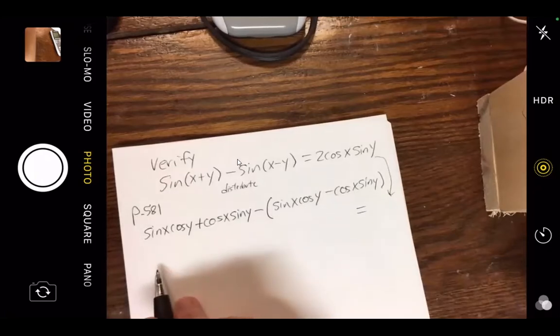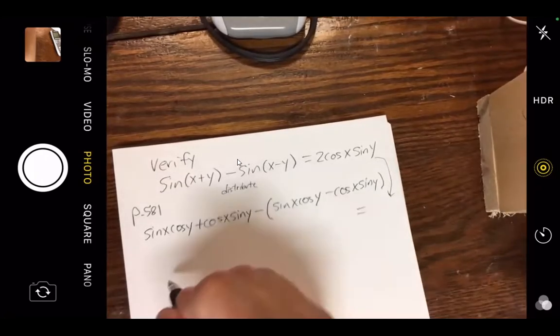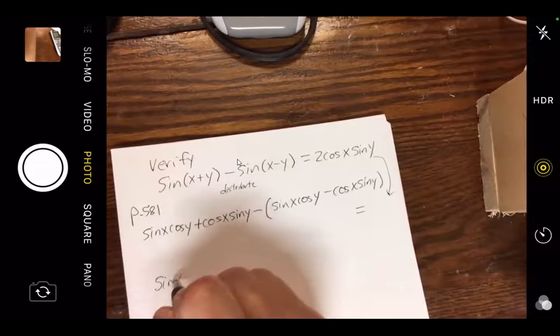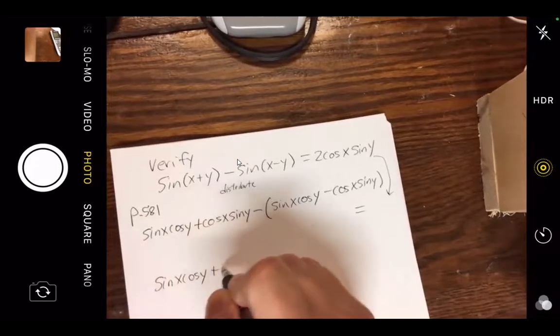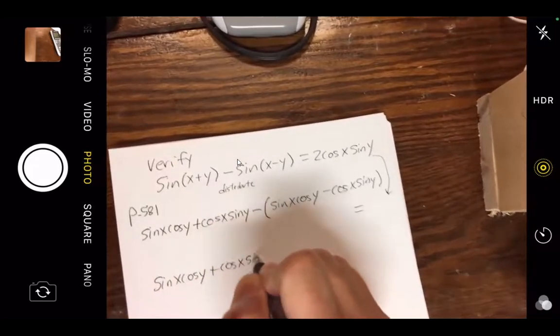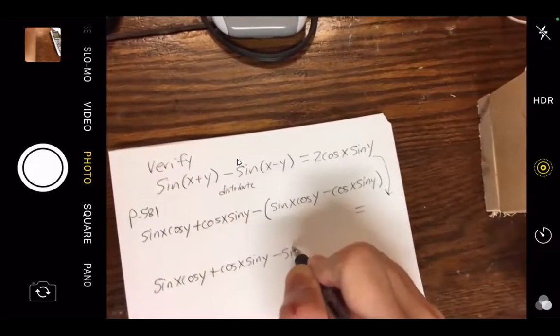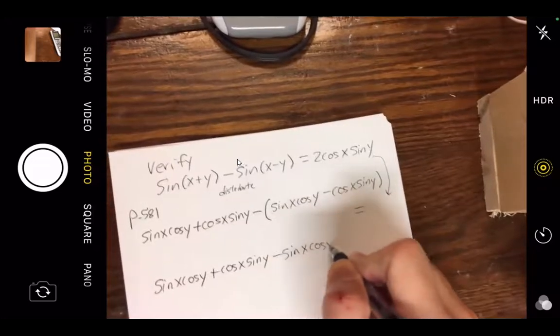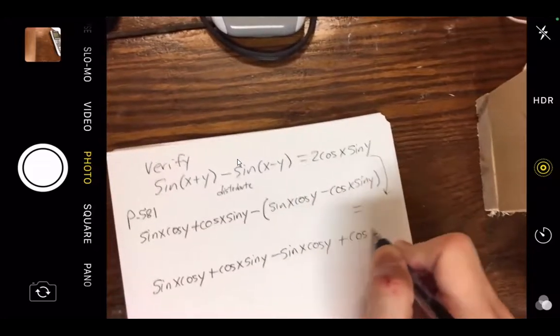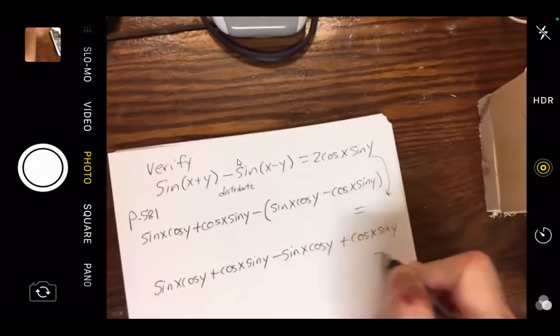So I'm going to distribute that minus sign and get sine x cosine y plus cosine x sine y minus sine x cosine y plus cosine x sine y equals.